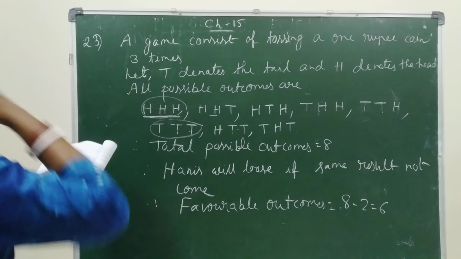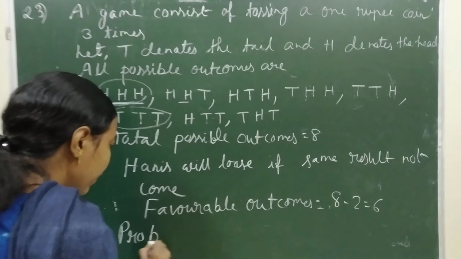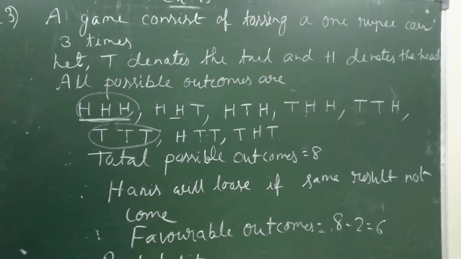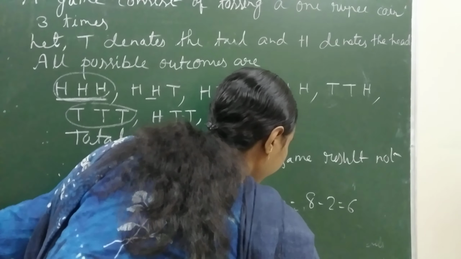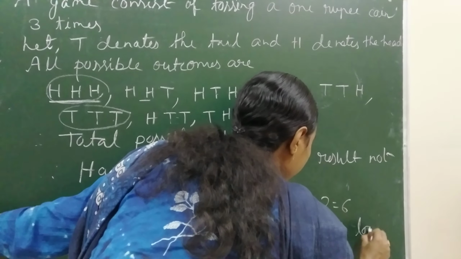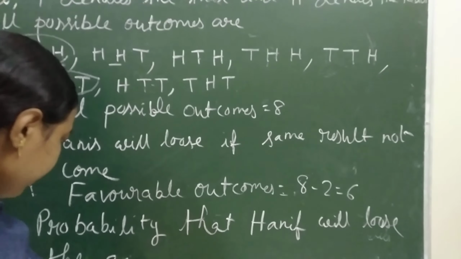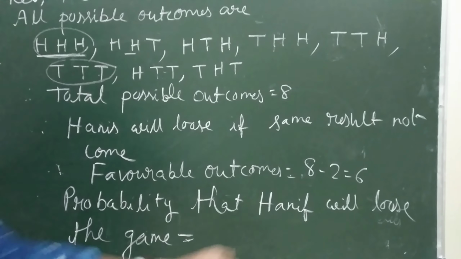So therefore, probability that Honey will lose the game equals favorable outcomes by total outcomes.